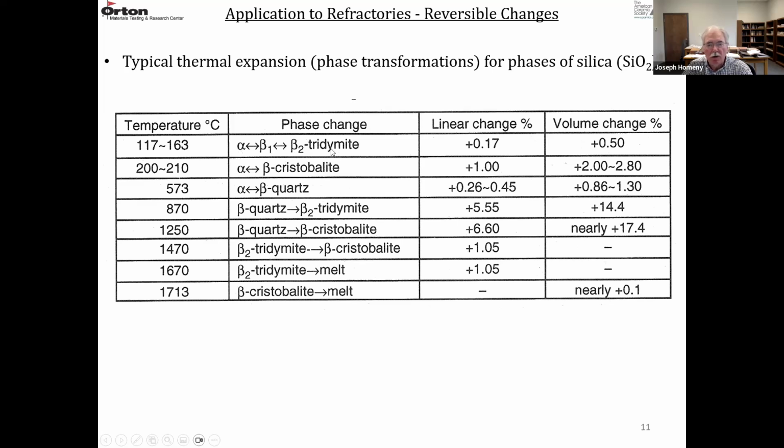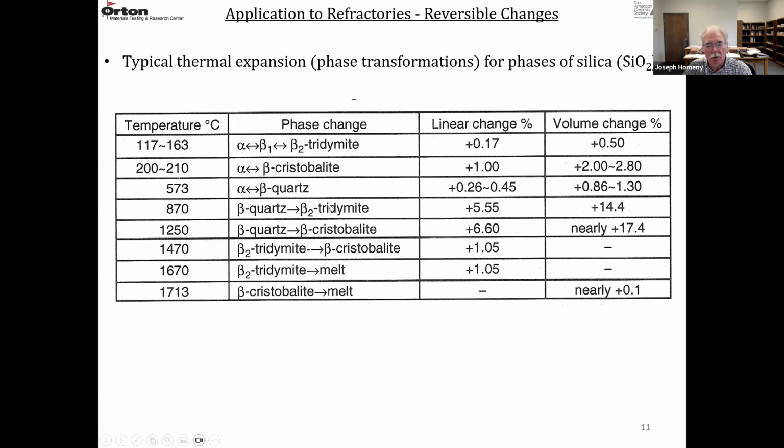So this table just summarizes the phase transformations, alpha to beta 1, beta 2 tridymite. Linear expansion is 0.17, that's displacive. Alpha to beta cristobalite, it's 1% linear change, that's displacive, and alpha to beta quartz, 0.2 to maybe 0.4%, that's also displacive.